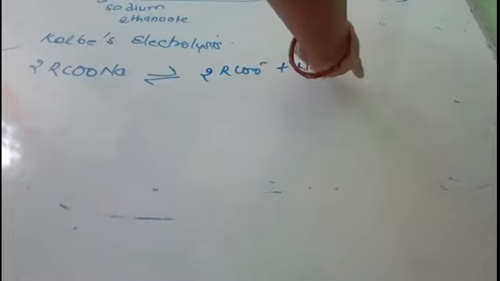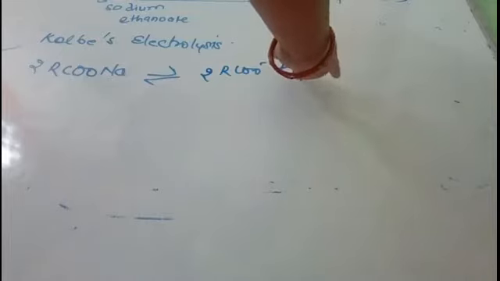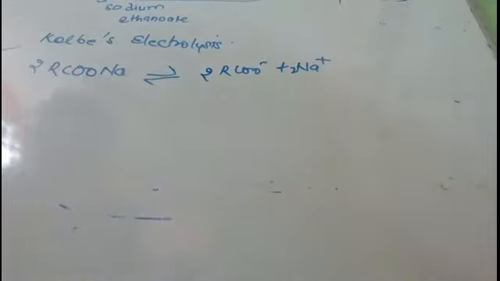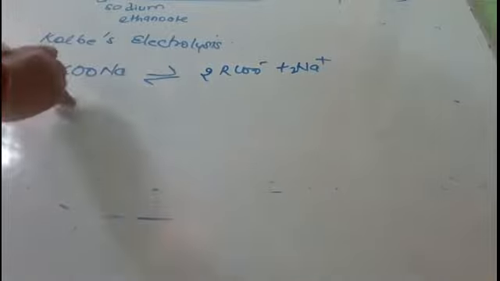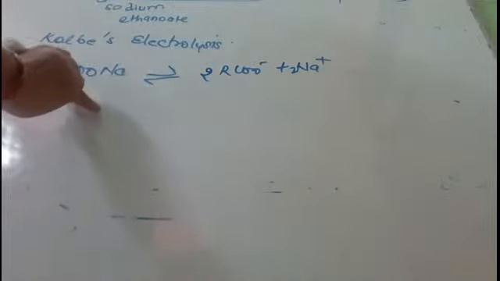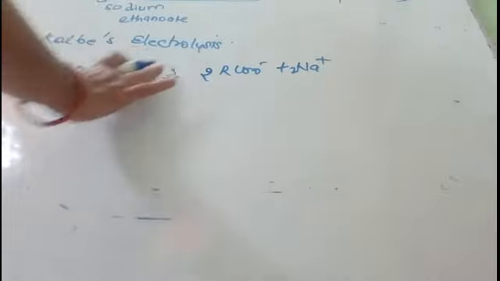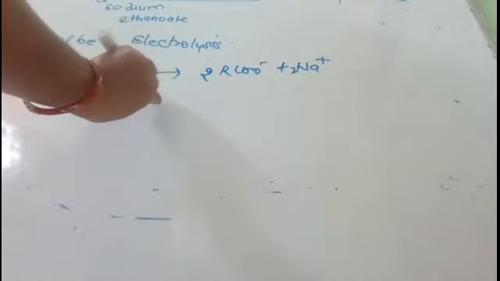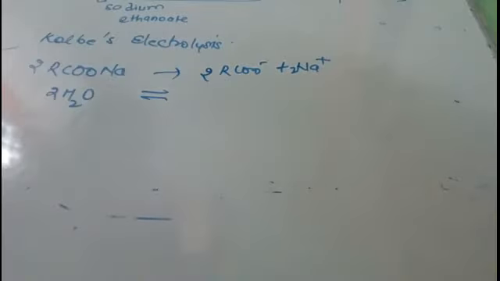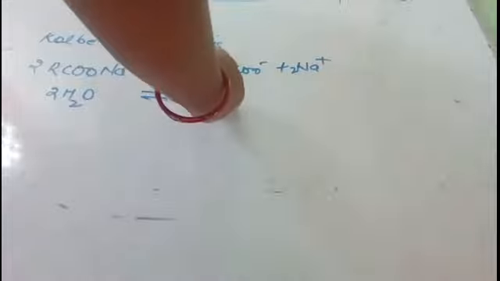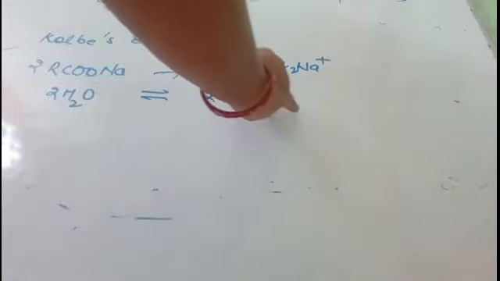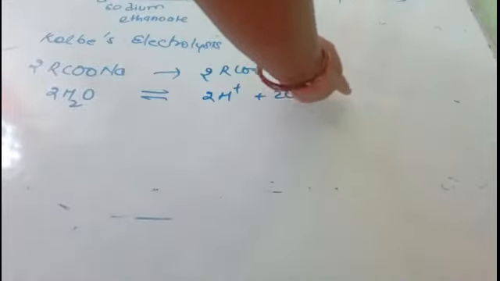and sodium ion. Right, now since we are taking sodium salt of carboxylic acid solution, water is also present here. The salt is a strong electrolyte, it will be completely ionized. Water is a weak electrolyte, so it will be partially ionized, and it will give you hydrogen ion and hydroxyl ions.